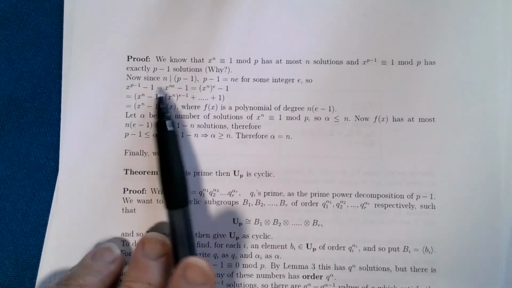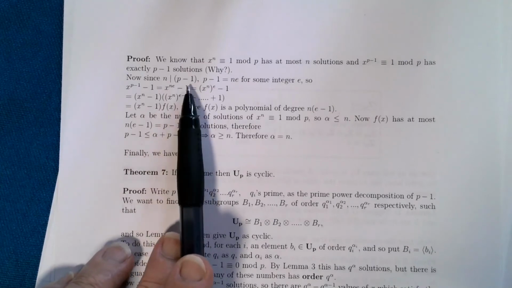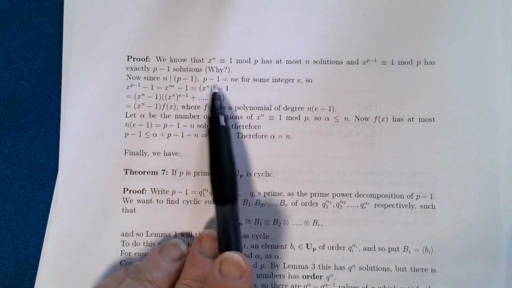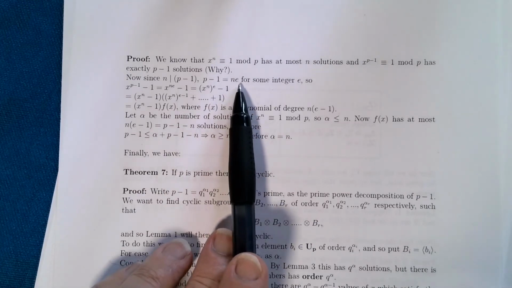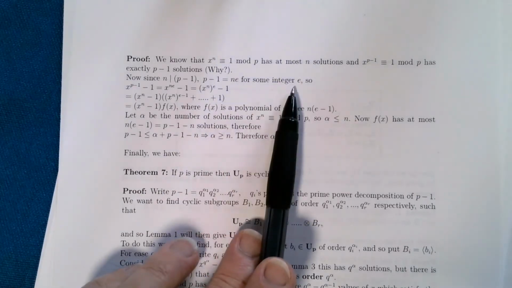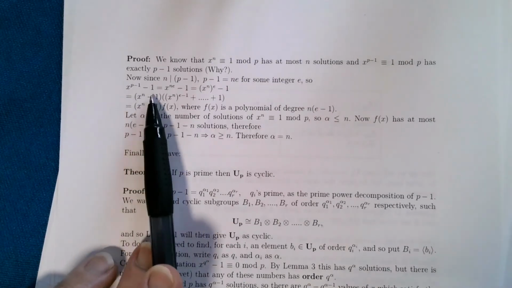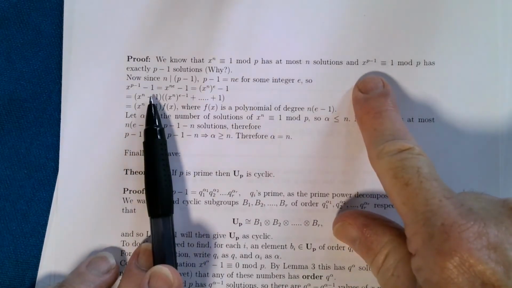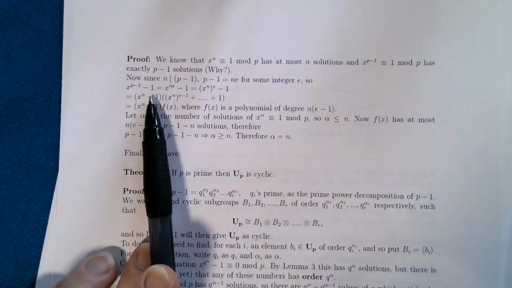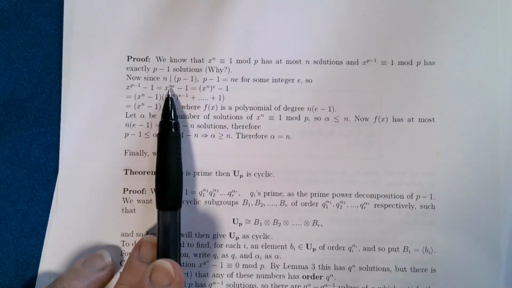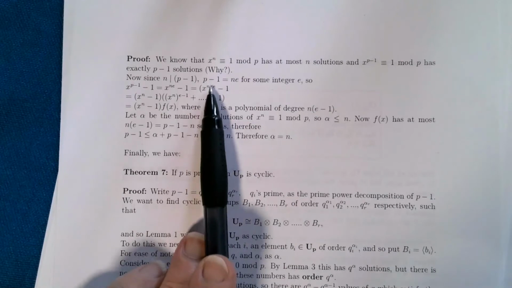Now, since n is a factor of p minus 1, that was our assumption, p minus 1 is n times some integer e. So I can take x to the p minus 1, minus 1, and write that as x to the n e minus 1, which is x to the n to the e, minus 1.